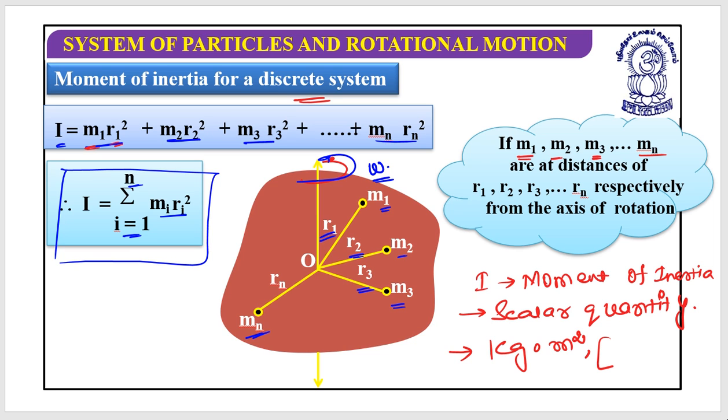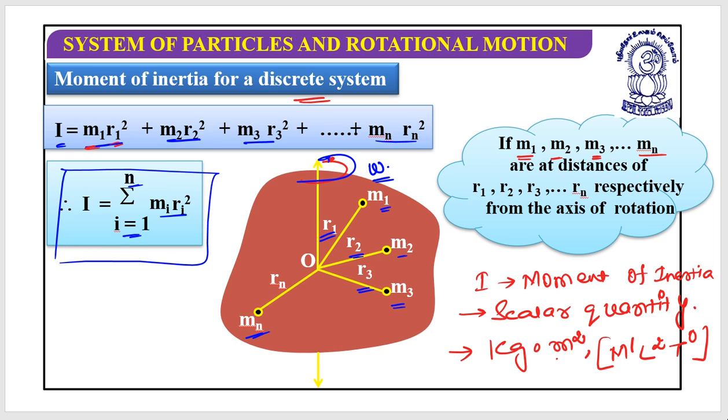Dimensional formula: kg to the power 1, meter to the power 2, so it's M1 L2, no dependence on time, so M1 L2 T0. So these are the basic information, but we must know this. I is the moment of inertia. Is it clear?